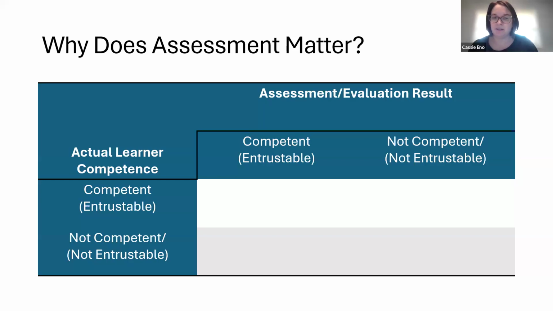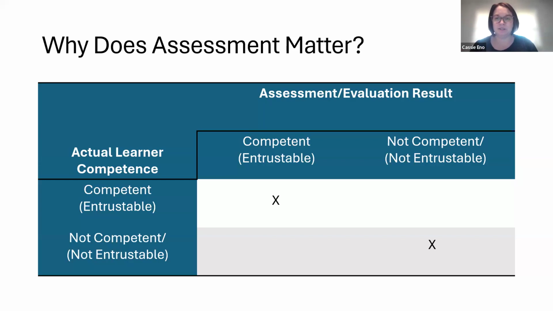So when those things align, the actual learner competence and the assessment or evaluation, we really don't have an issue or a problem, right? So the tool is telling us the learners are competent, and they go off and practice. It's great. The tools tell us the learner is not competent, they actually aren't, and they leave the profession or the educational system.